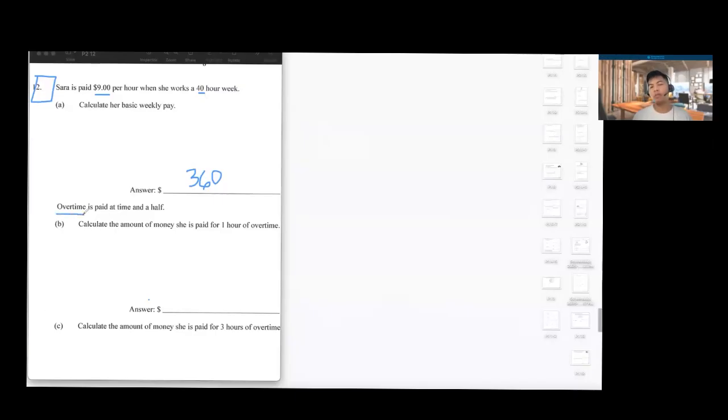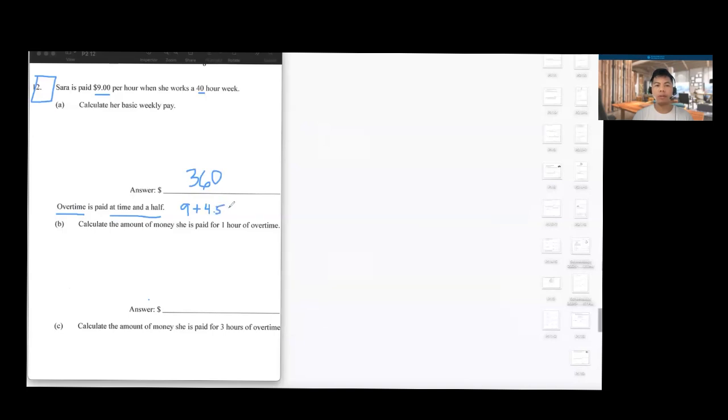Overtime means if Sarah would work for 41 hours, then that 1 hour would be overtime, and she will receive a different payment for that. So it says overtime is paid at time and a half. What that means is if she's getting paid normally $9, we need to add half of that. Half of 9 is 4.5, right?